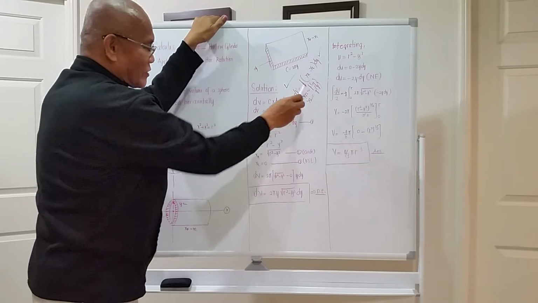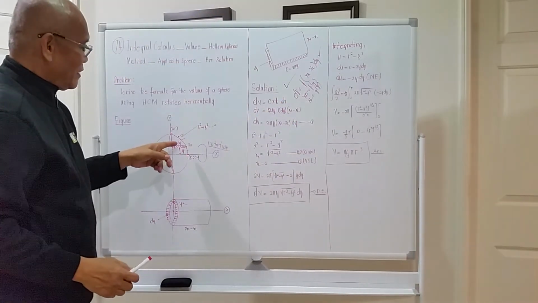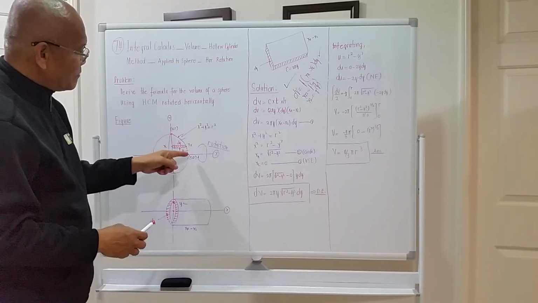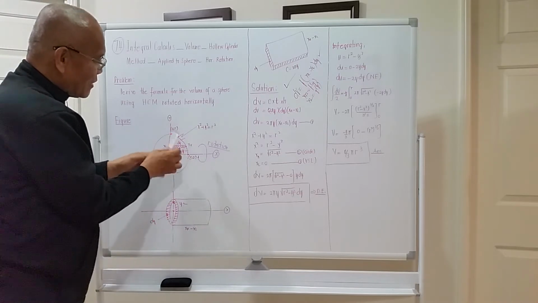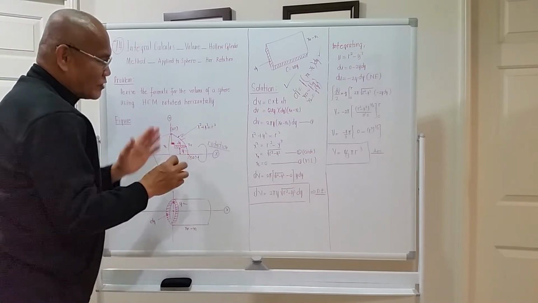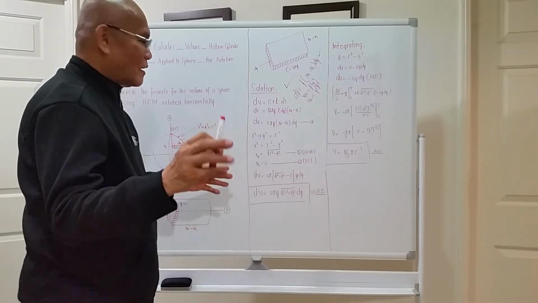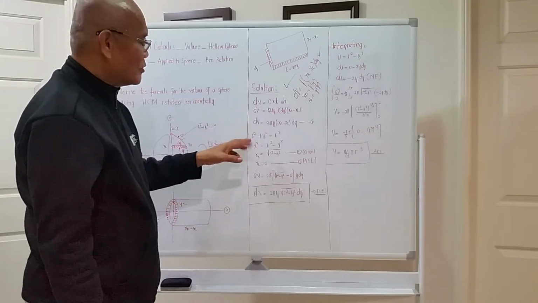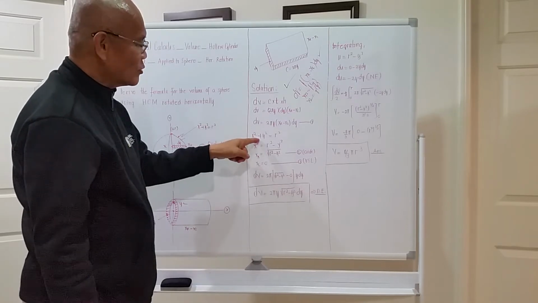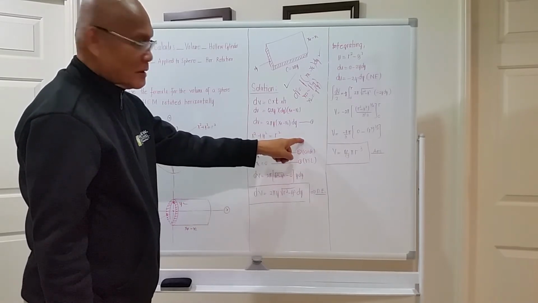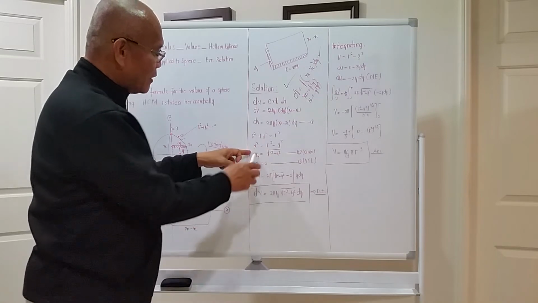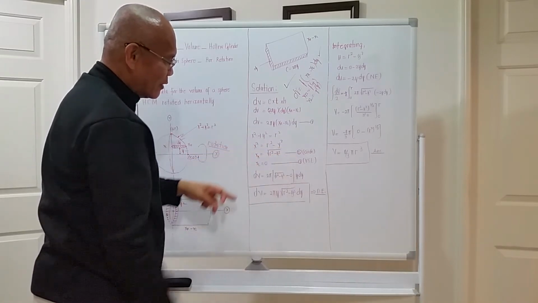To compute for xr, xr is the variable abscissa of the circle, okay? This portion here is varying. So it is a circle with center at 0, 0. The equation is x squared plus y squared equals r squared. Solving for x squared will be r squared minus y squared.